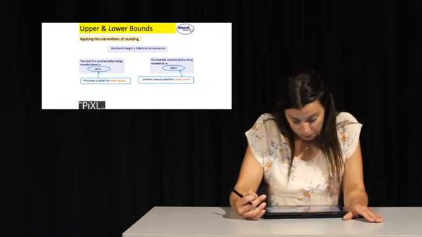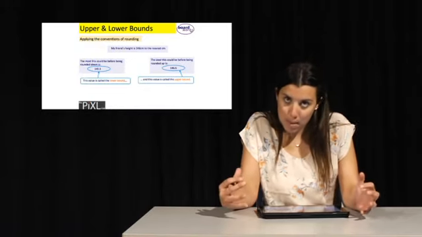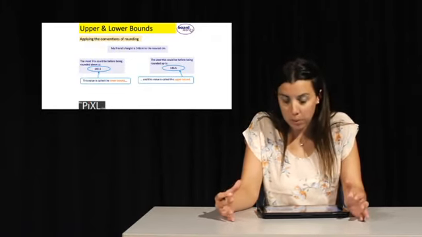If we look at the first example here, my friend's height is 146 centimetres to the nearest centimetre. That additional piece of information is going to allow you to define the upper and lower bound. It's the limits within which your friend's height could be.